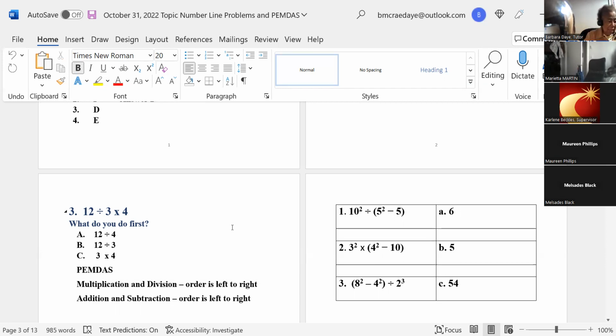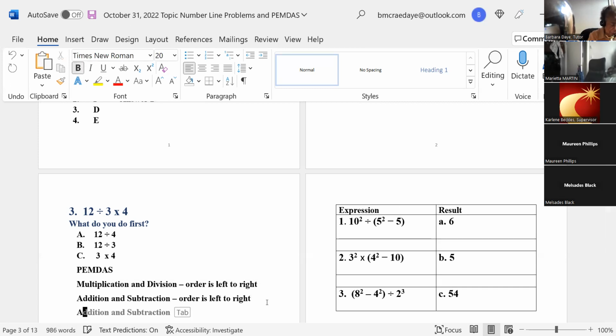So what would be the answer, Mercedes? The answer would be B. That's right. Answer B. Very important rule and one that a lot of mistakes are made on.